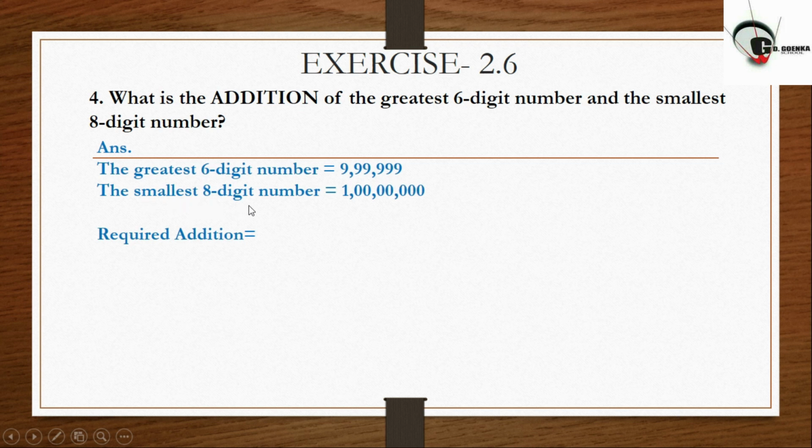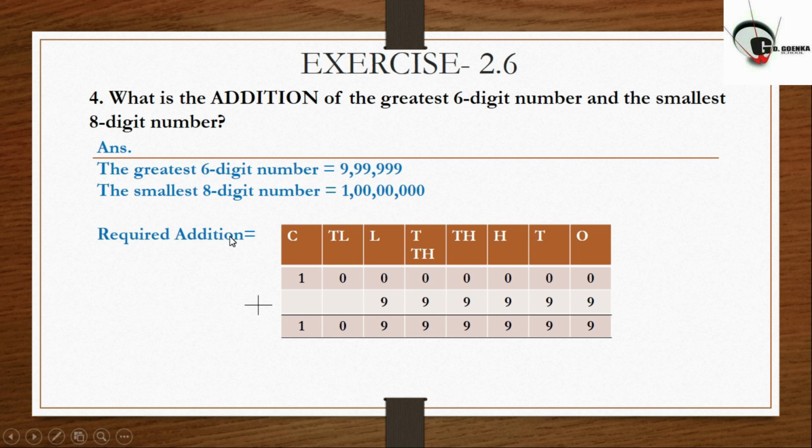The smallest 8-digit number is, what is this, children? Ones, tens, hundred, thousand, 10,000, lakh, 10 lakh, crore. Yes, of course it is 1 crore. So required addition is, we need to add both the numbers and we get the answer as 1 crore 9,99,999. Are you getting, children? Yes, let us move ahead now.